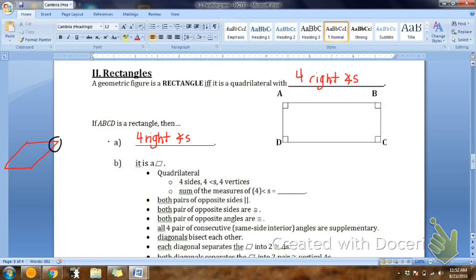Also, a rectangle has all the properties of a parallelogram, and this is what we haven't talked about necessarily. These things that are all bulleted here are all properties of a parallelogram, and some of them we didn't talk about.